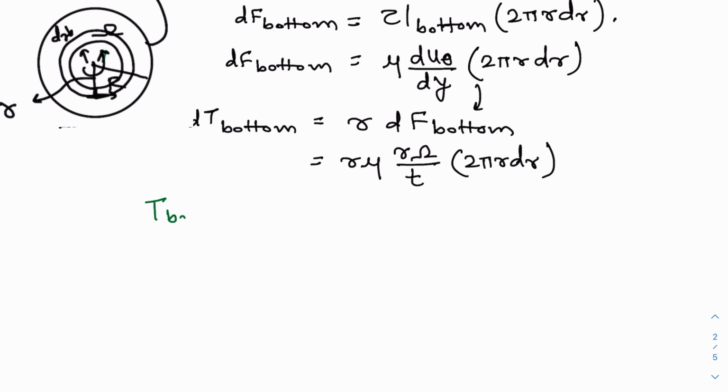So T bottom is integrate from r equal to 0 to r equal to capital R mu omega t.